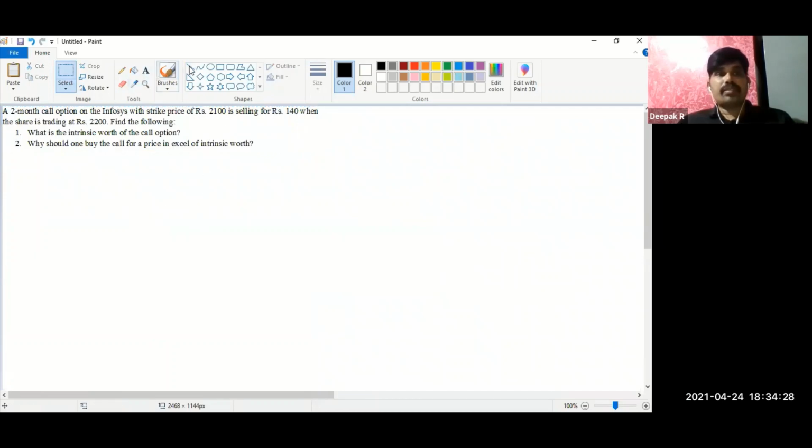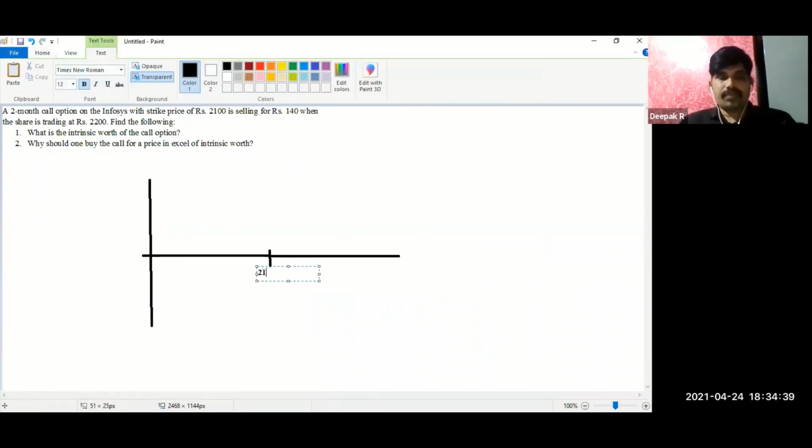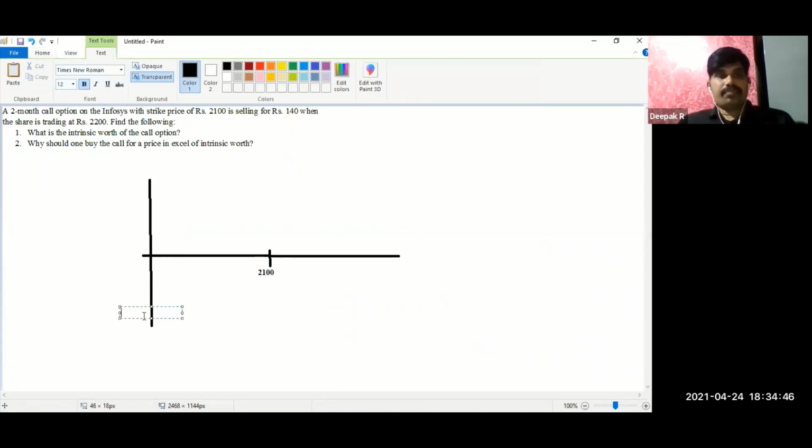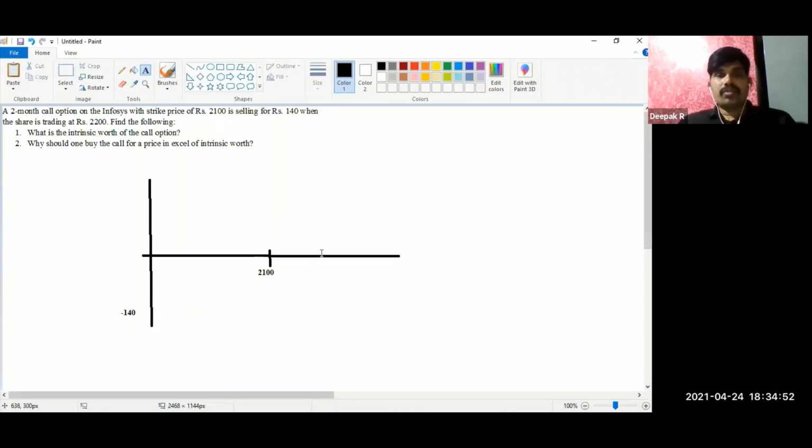So it is a call option, and the strike price is going to be 2,100. He is selling it for rupees 140, which means the premium to be paid is 140. You will notice there are some mistakes in the problem also.